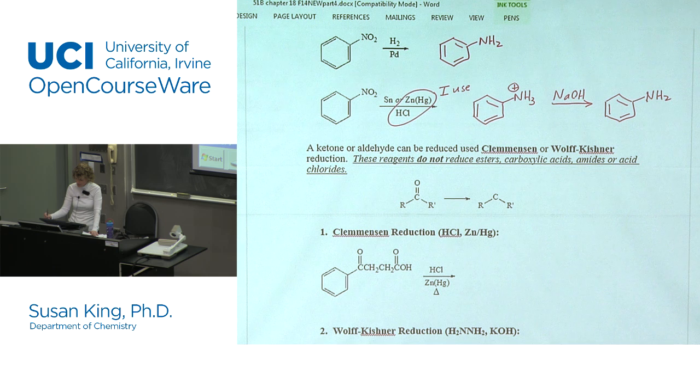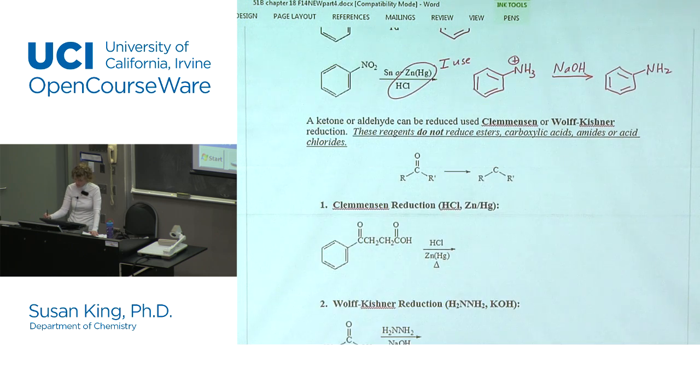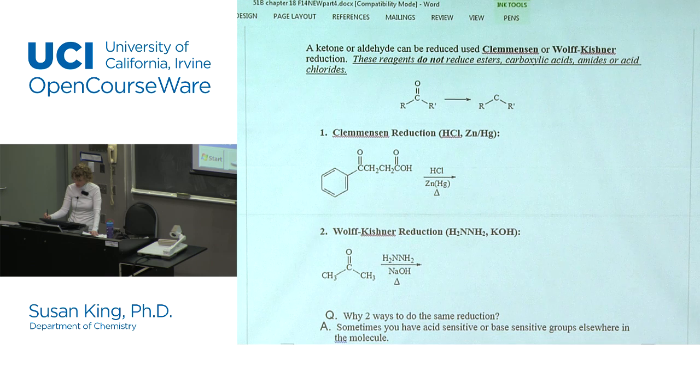Another reaction is the Clemmensen or the Wolff-Kishner reduction. I'm not going to ask you for mechanisms for either of these. So with that previous one and this one, this is four new reactions in this chapter besides electrophilic aromatic substitution.